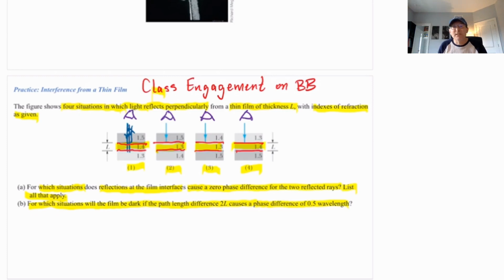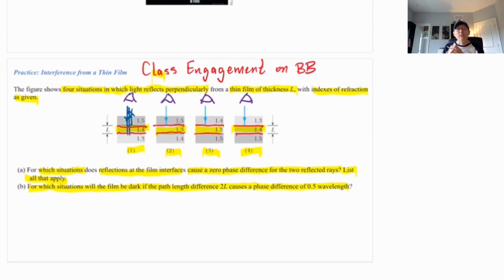So our observers up there at the top, we've got these reflections we have to deal with. And now we're saying that the path length difference 2L causes a phase difference of a half a wavelength. For which of the 4 situations will the observer observe darkness, fully destructive interference? Okay? So those are the questions for that.